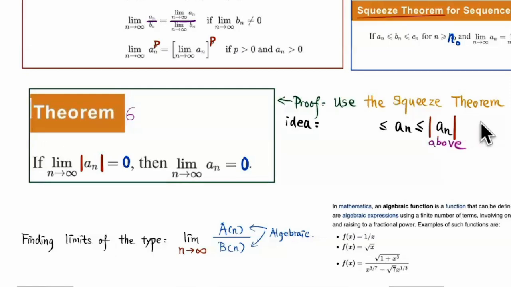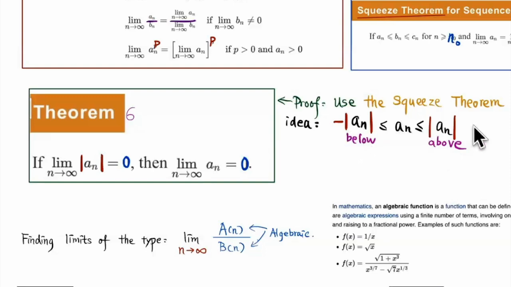Now let's think about the below sequence. An is greater than or equal to the opposite of the absolute value of An. So An is between these two sequences, and we can squeeze it.